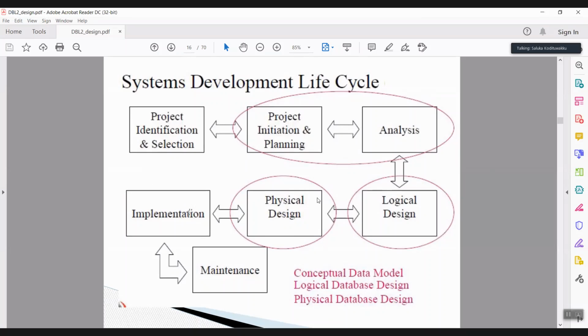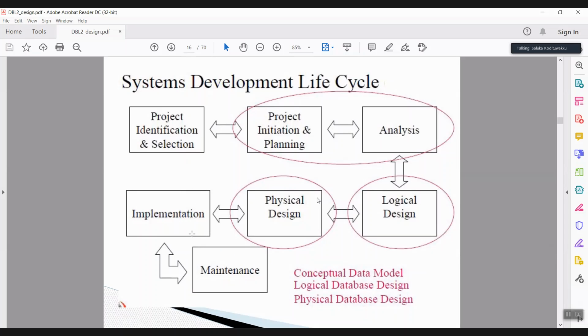Once the database construction is over, end users will start using it. But even while it is in use, the overall database management job is not over, and maintenance comes up.